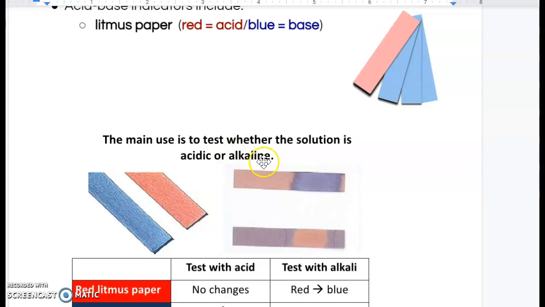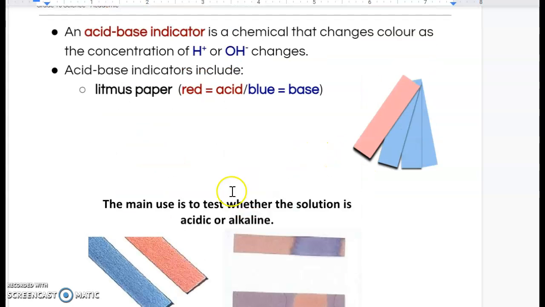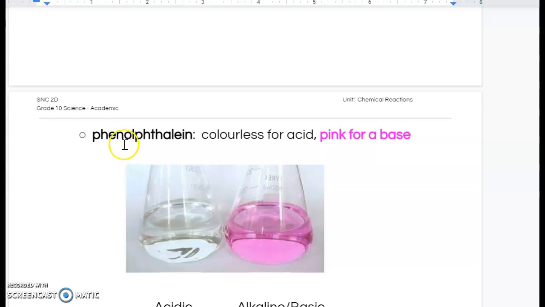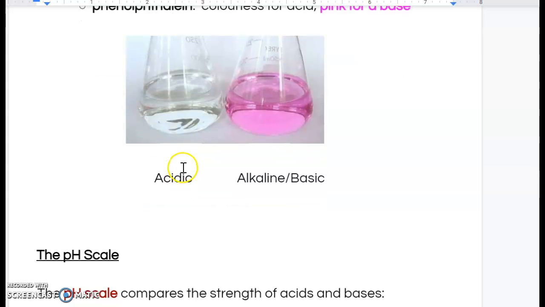The main use of the test is whether the solution is acidic or alkaline. We also have phenolphthalein, which is colorless for acid and pink for base. When you put something basic or alkaline in it, it turns pink or purple. If you pour in hydrochloric acid, the ions dissociate and you just get a clear solution.